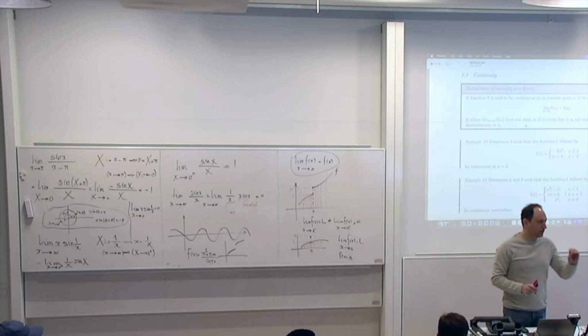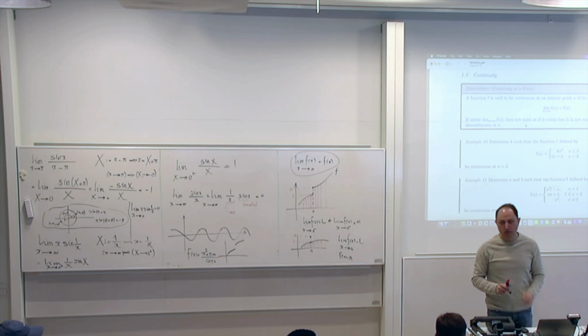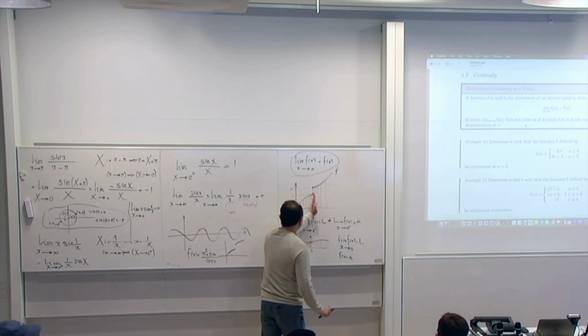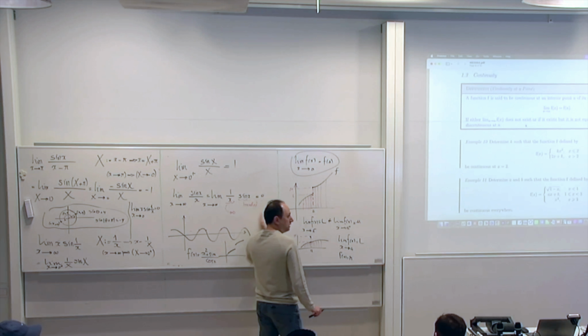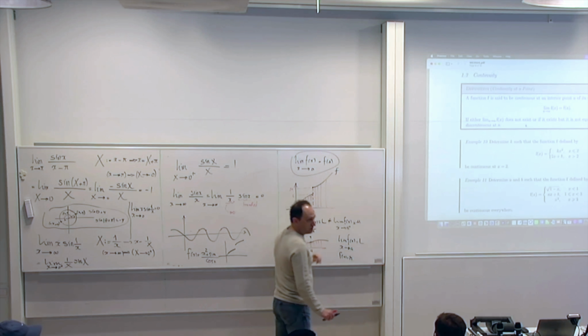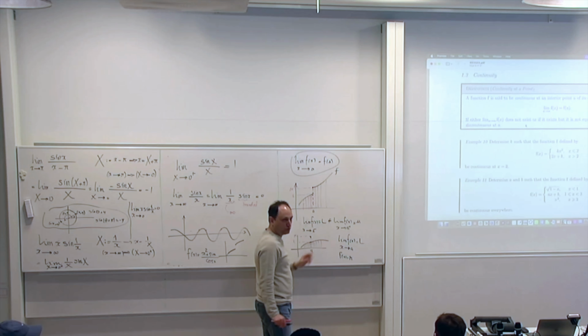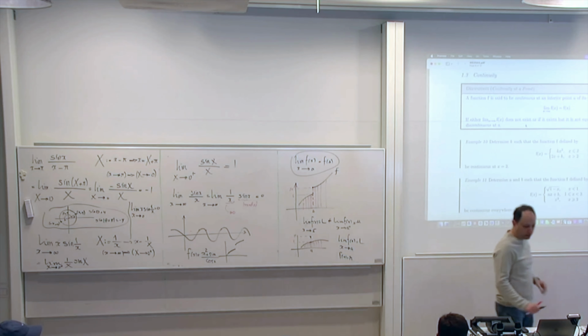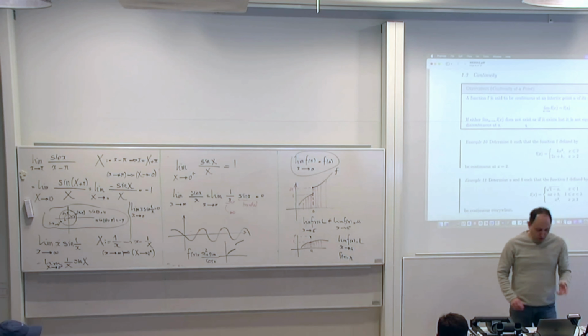Otherwise, I have to specify which point I am talking about. So for example, this function is continuous everywhere on the left of a and everywhere on the right of a. But there is one discontinuity for this function, and that is exactly x equals a. Is that clear?